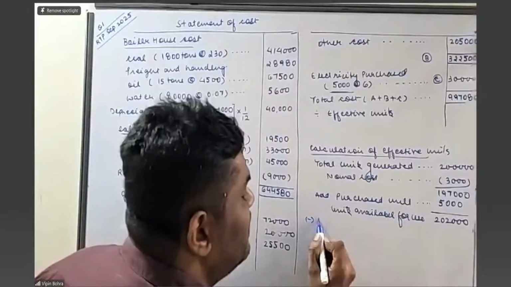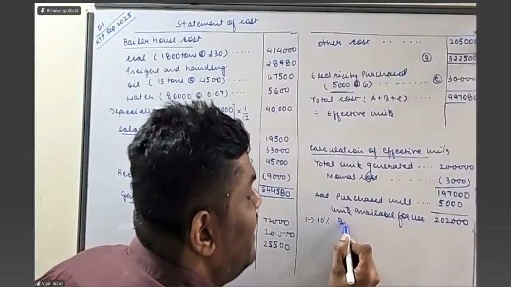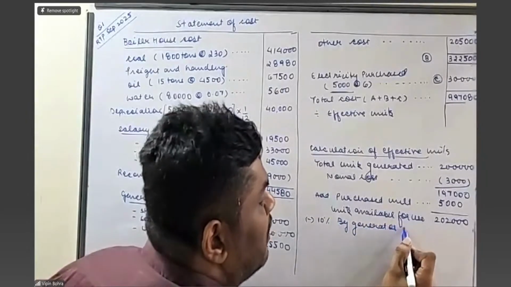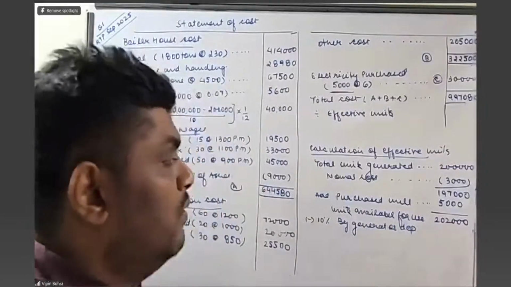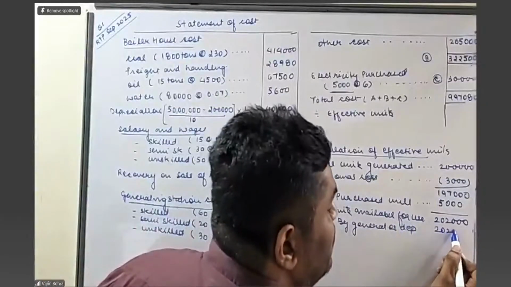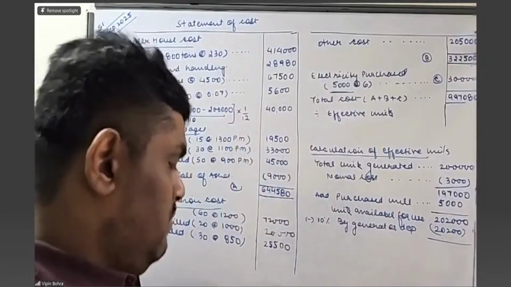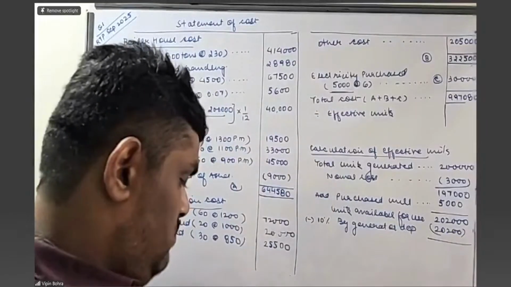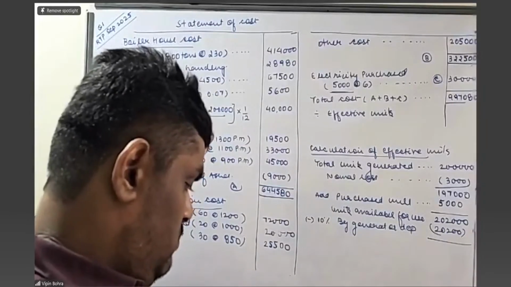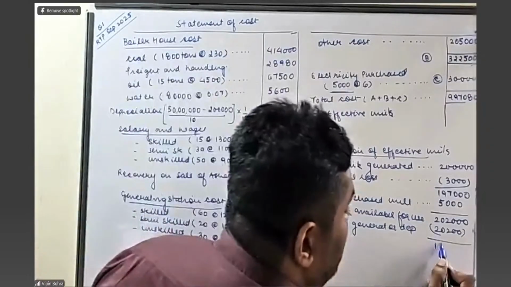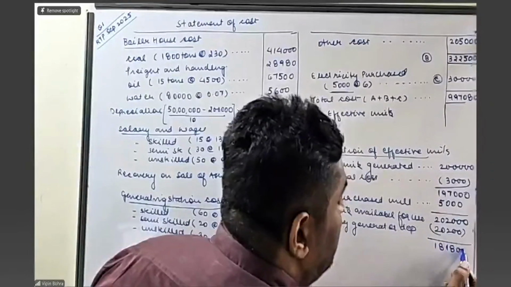Of which 10% are used by the generator department. So minus 10% by generator. So 20,200. So it is 181,800.